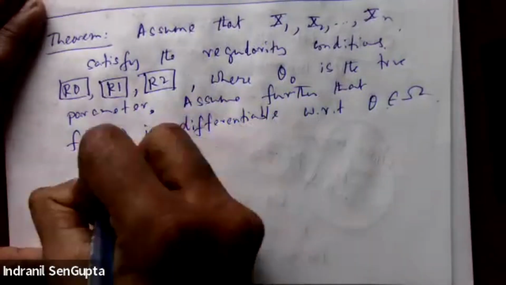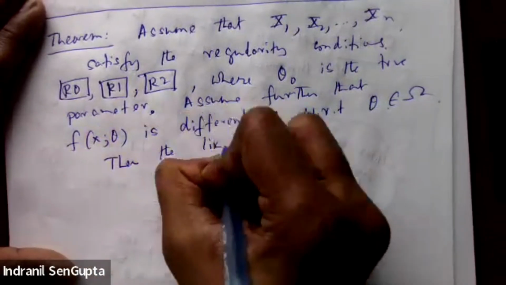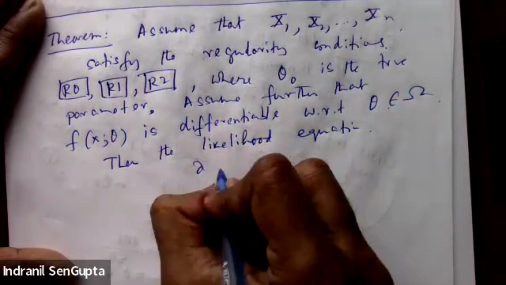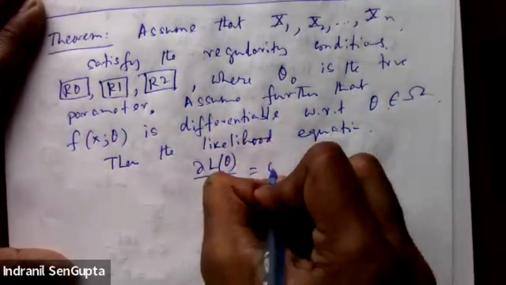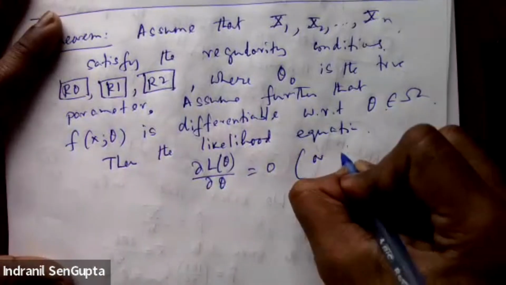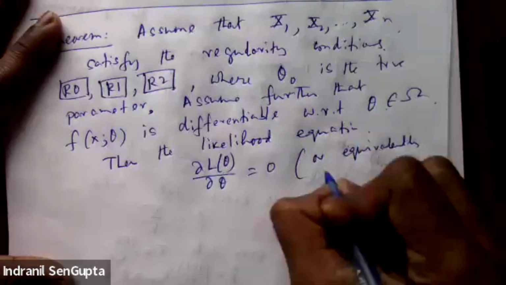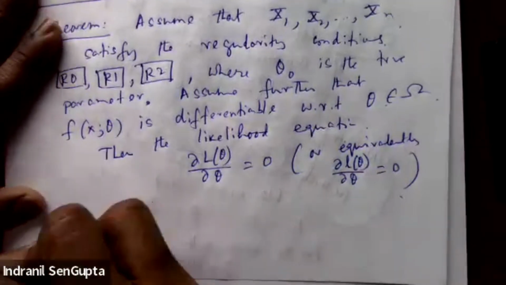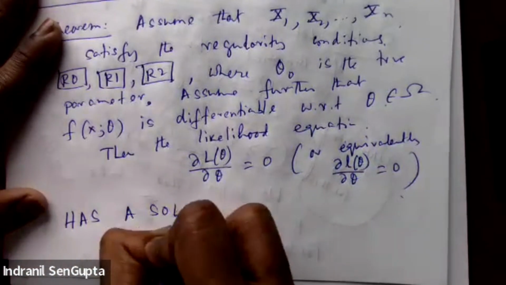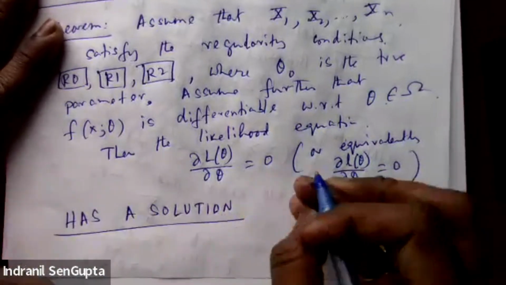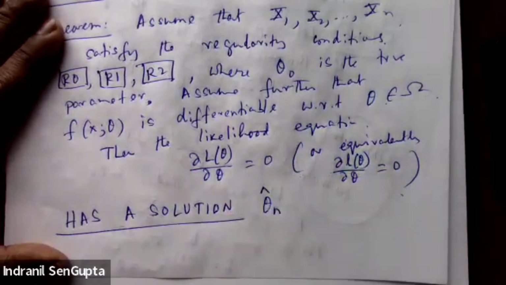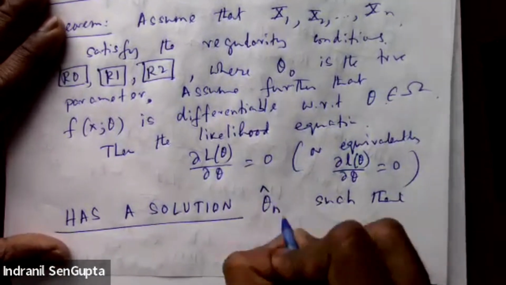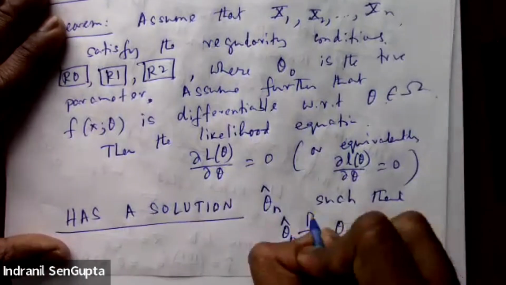Then the likelihood equation dL/d theta equals 0, or equivalently d of log L(theta)/d theta equals 0, both have a solution theta n hat such that theta n hat goes to theta 0 in probability.